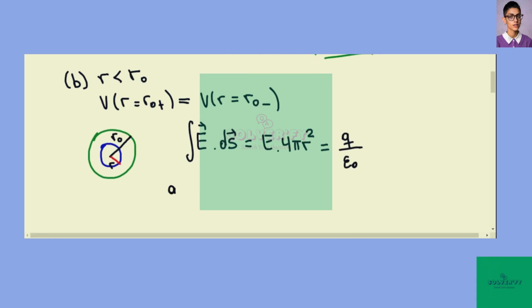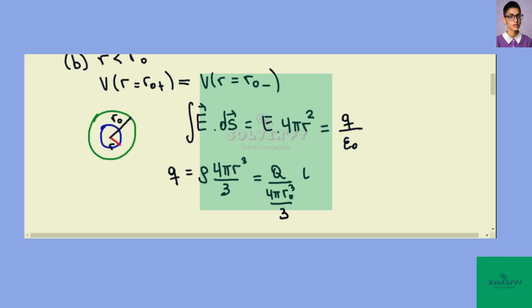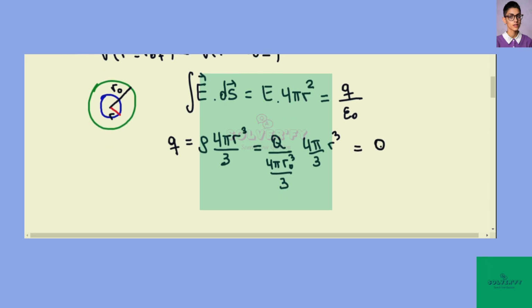Now notice that lowercase q is equal to the density times the volume, 4 pi r cubed over 3, and rho, the density, is the total charge divided by 4 pi r0 cubed over 3, then multiplied by 4 pi over 3 r cubed. So this is just Q r cubed over r0 cubed.